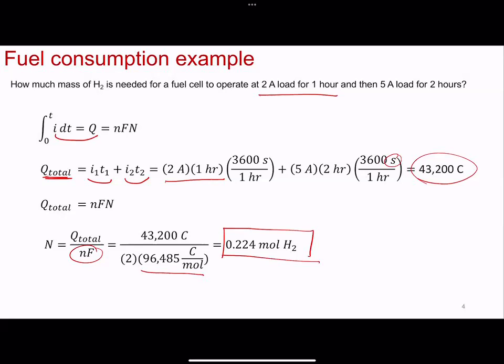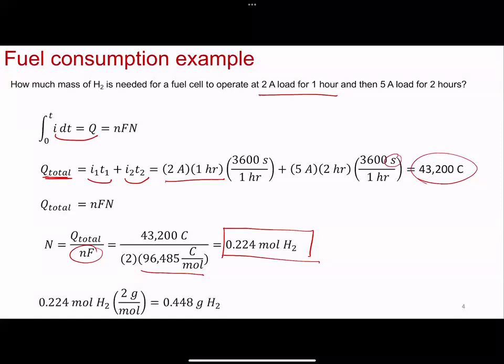So we're just basically rearranging the equations that you've seen. So now I need 0.224 moles of hydrogen. But the question asks how much mass, right? What's the amount that somebody filling a gas tank needs to fill it to give it to you? So you just convert that using the molar mass. So 0.224 moles of hydrogen is this amount of hydrogen in grams.